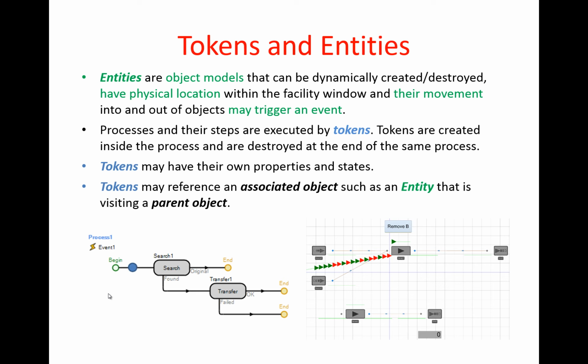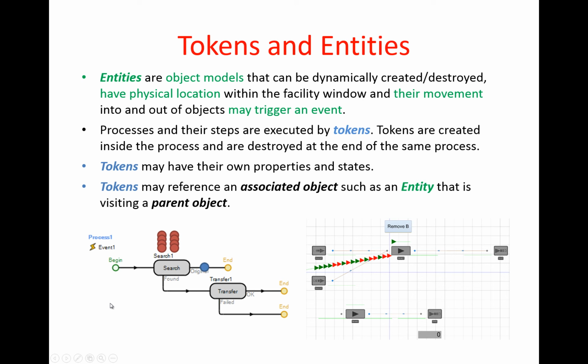So this token that is created will execute my process, and it executes my search step. Since I have 8 visiting entities of type B, my search step will create 8 tokens, each associated with one of these entities.